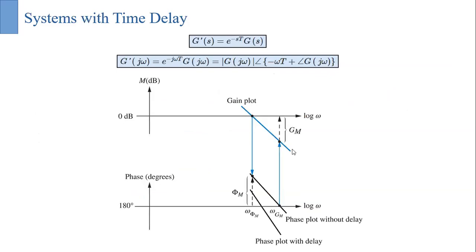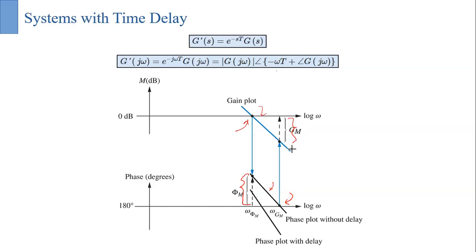So if you look at this diagram now, based on the fact that we have seen, the magnitude plot is remaining as it is. Without a delay, this was our curve. From the 0 dB crossing line, we can find our original phase margin, and from the minus 180 degree crossing line, we can find our gain margin.